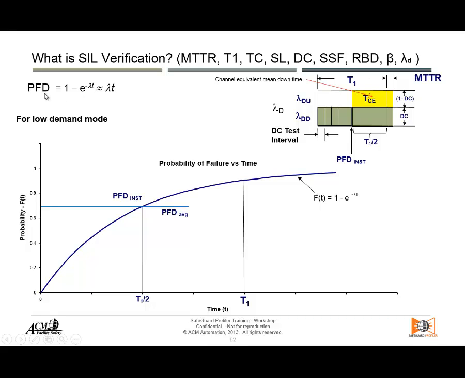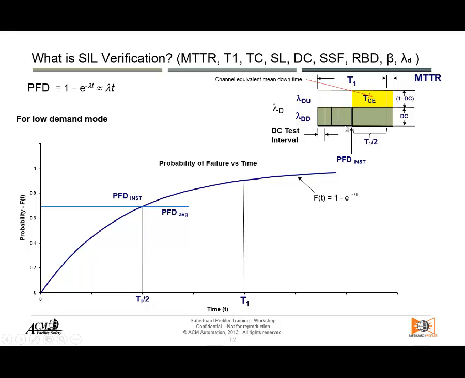I can say that the PFD is very close to lambda t. These two numbers will be practically the same as long as those failure rates are very small. How small? Later on I'll show you what that means. But for simplicity, to come up with the formula for probability of failure on demand, we'll do this.